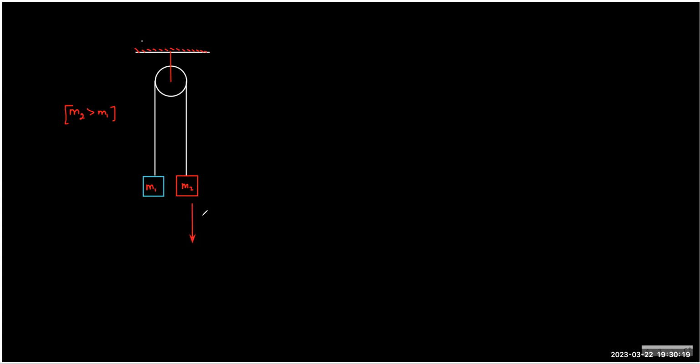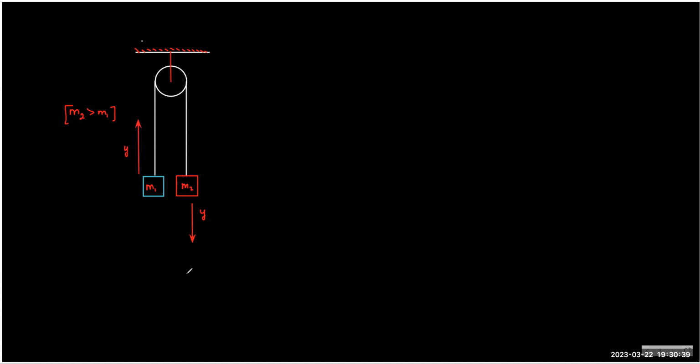So which variable is suitable here? Can you choose Y? Fine, sir. If M2 descends by Y, M1 will ascend by the same value, yes or no? Tell me, guys. So this is how you start.